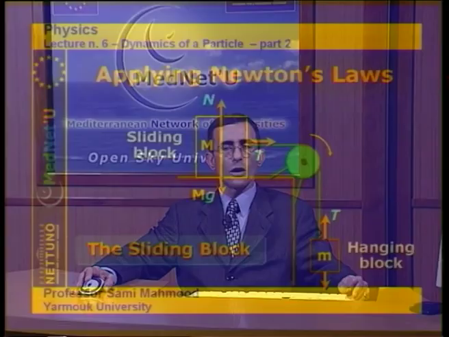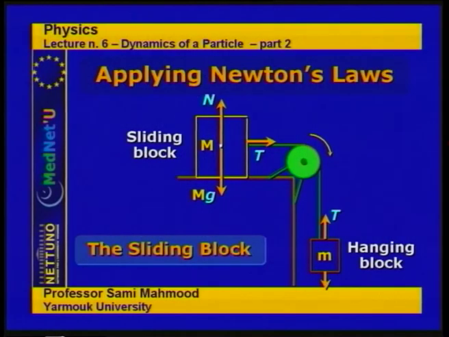So now we go to study the motion of a given system and apply Newton's laws and see how we can apply Newton's laws in order to describe the motion of each one of these two objects. In this figure, we have two objects.